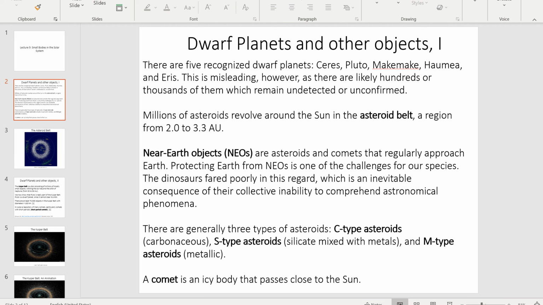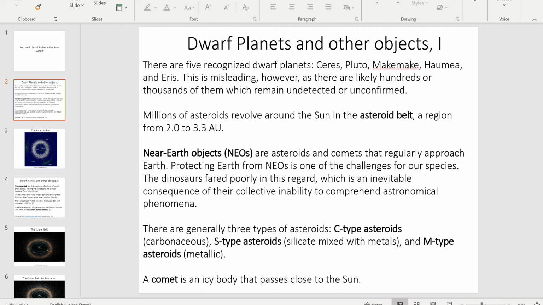A planet is an object that orbits the Sun and has enough gravity to be spherical and has cleared its orbit of debris. A dwarf planet is an object that orbits the Sun, has enough gravity to be roughly spherical, but hasn't necessarily cleared its orbit of debris. I'm paraphrasing the official definition, but that's the basic idea.